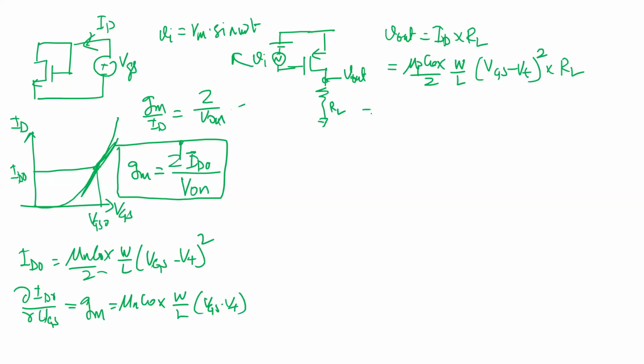So I'm going to write now mu p C ox by 2 W over L, and this VGS will be some VGS0, which is your bias voltage, and I'll bring this VT on this side, so that's your V on, and then minus VT plus Vm sine omega t, and then the whole square of this into RL, right?